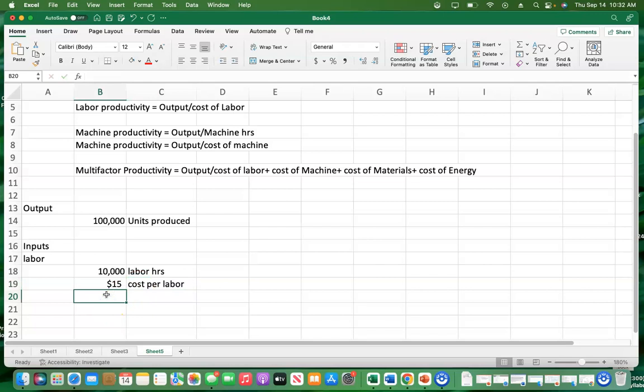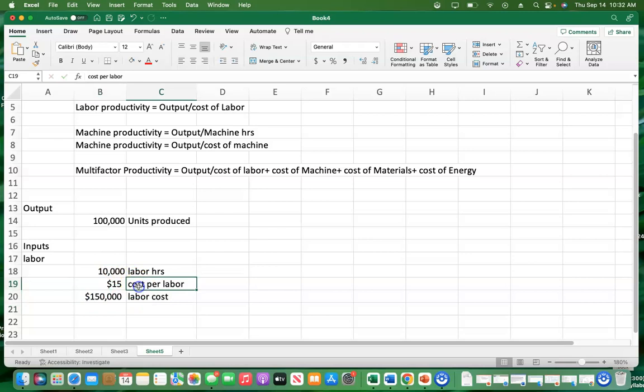So we can find labor cost by taking, we put an equal sign, and so we'll look at the cost per labor times the hours that we're going to spend, which is 10,000.